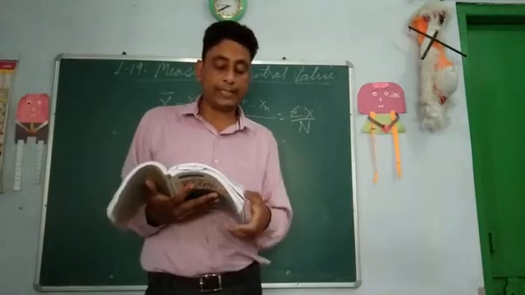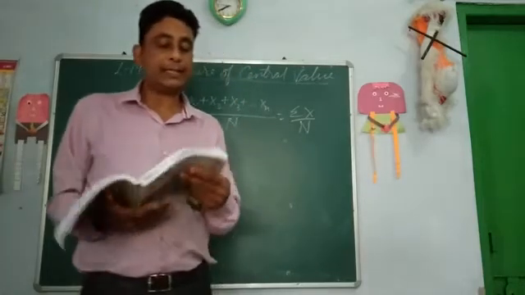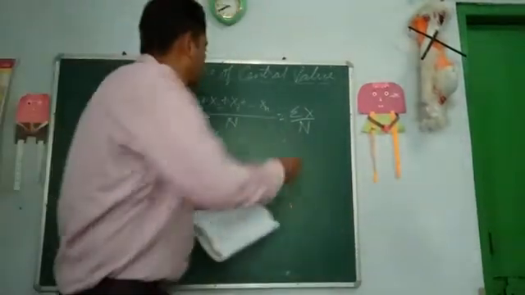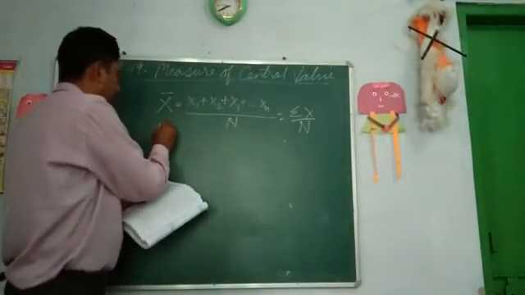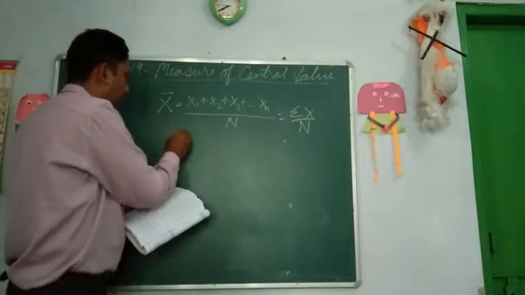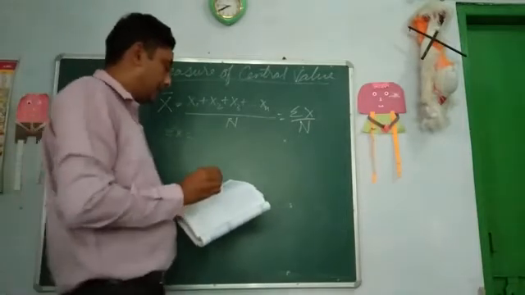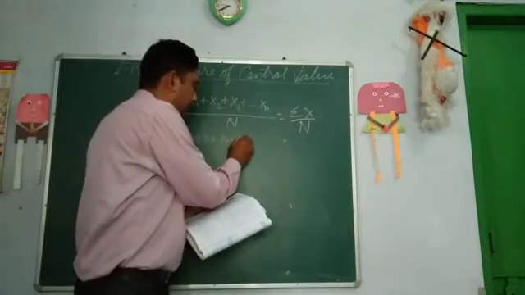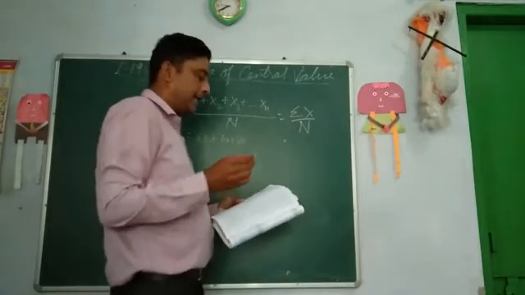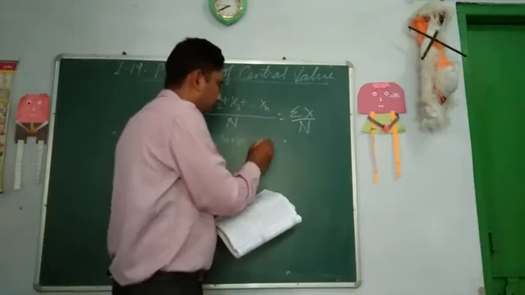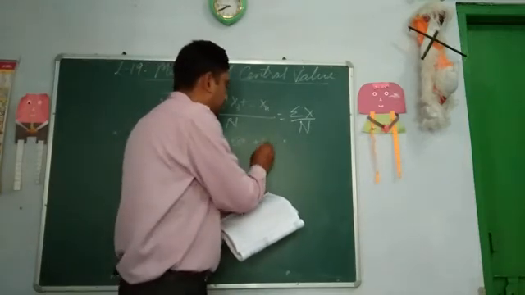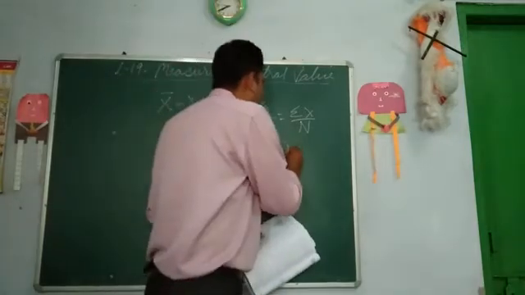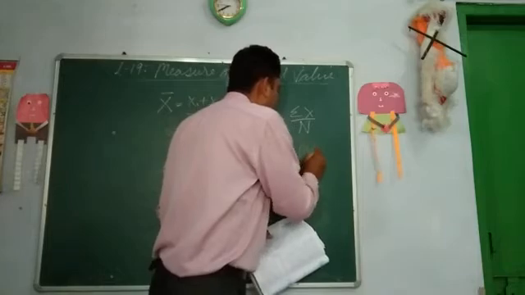When we put this into the formula, what is sum of x? Sum of x is 60 plus 70 plus 80 plus 95 plus 100 plus 110, and so on till plus 160. When you add all these wages, it comes to rupees 1060.